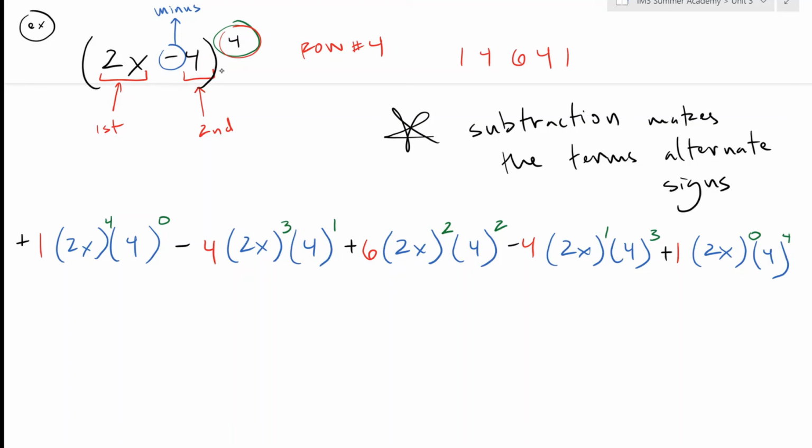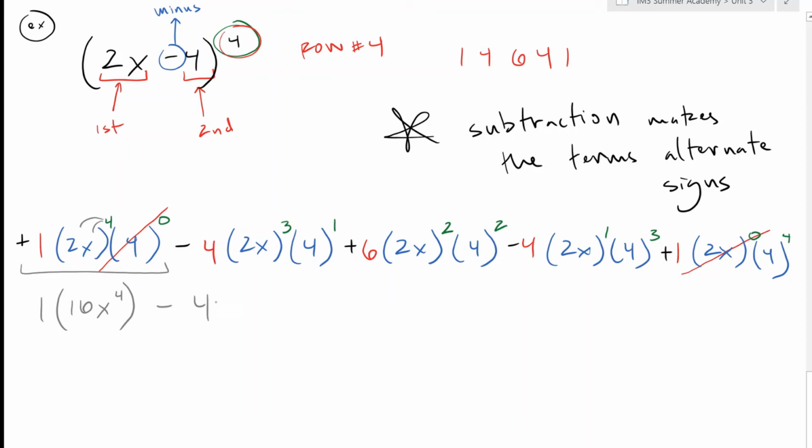So here we go. Let's go ahead and simplify this up. Let's go piece by piece. Get rid of the exponent zeros first. All right, so up here, I've got to now distribute that exponent 4 to both pieces inside of here. So I've got a 1, 2 to the 4th power is a 16x to the 4. The other pieces are gone.